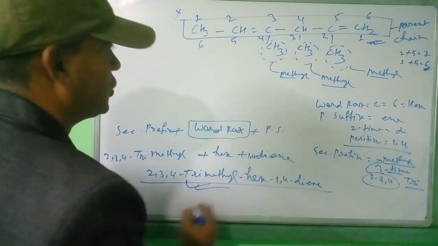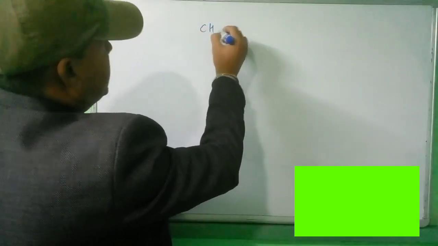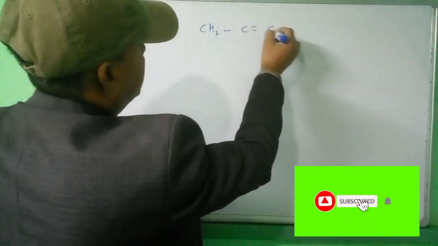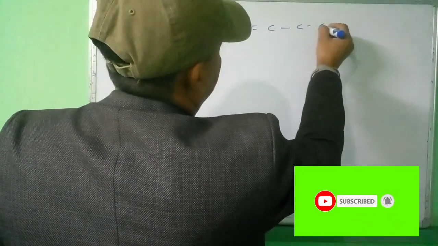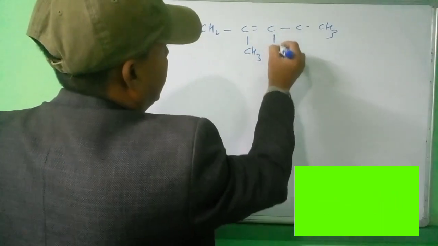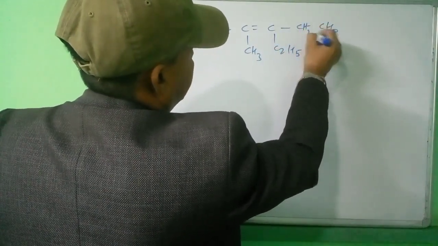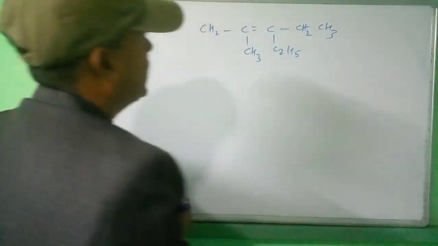Okay, so this way we can write. If your compound is like this, suppose CH2 double bond C and CH3. Then suppose here CH3, here C2H5 and here the CH2. Okay, this type of compound.